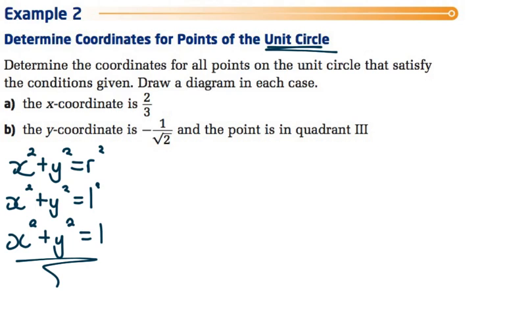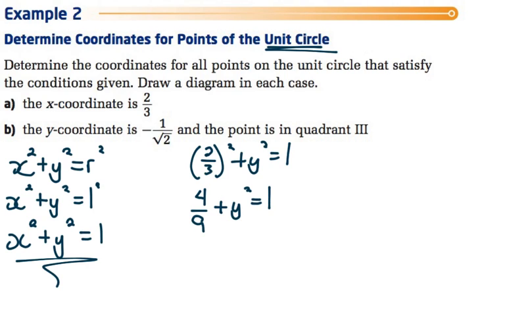Knowing that the x-coordinate is 2/3, we can plug that in. And then we can do the necessary math to actually figure out the y-coordinate. So 2/3 squared is 4/9. We need to take the 4/9 over.